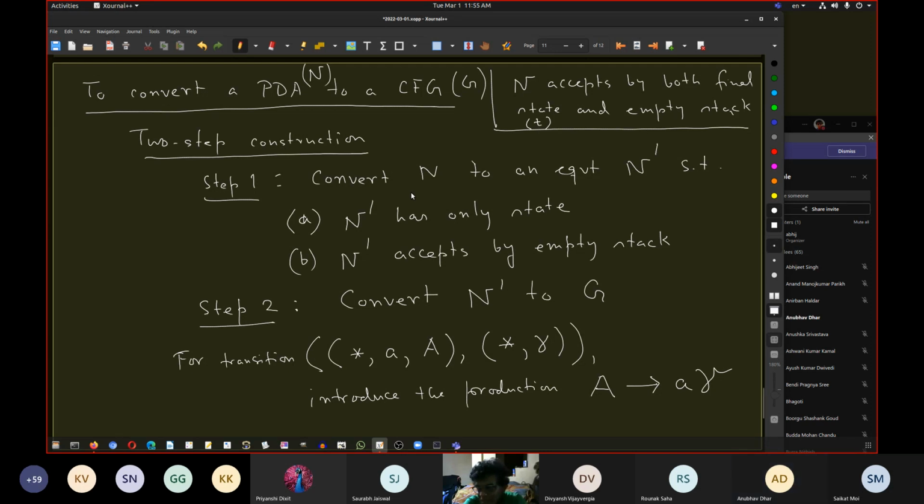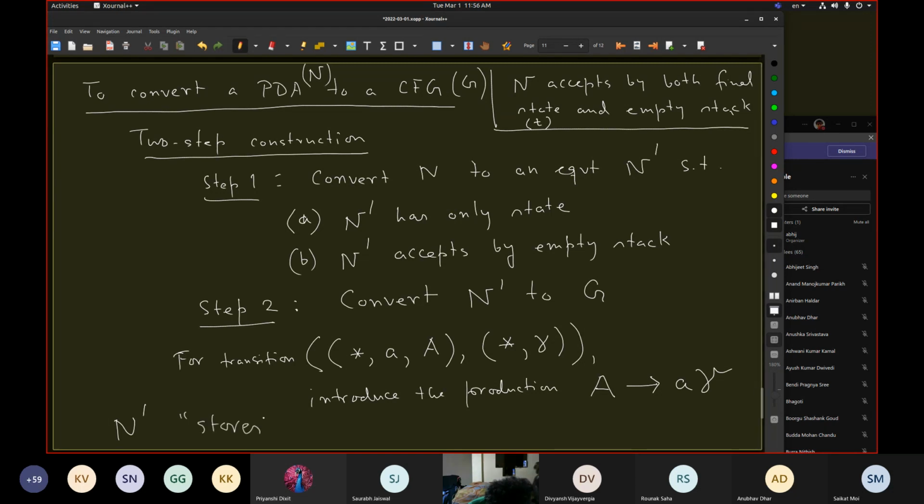So the basic idea of how N prime manages is that N prime, in a sense, stores the state information of N in its stack.